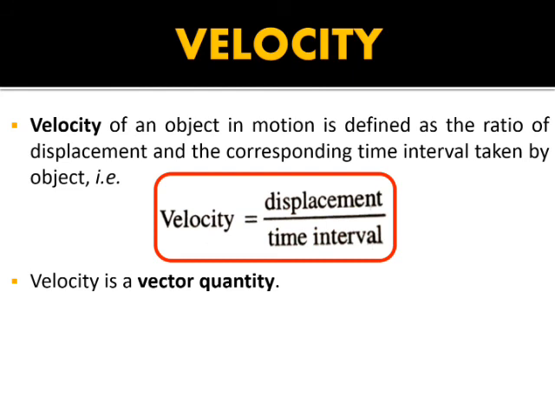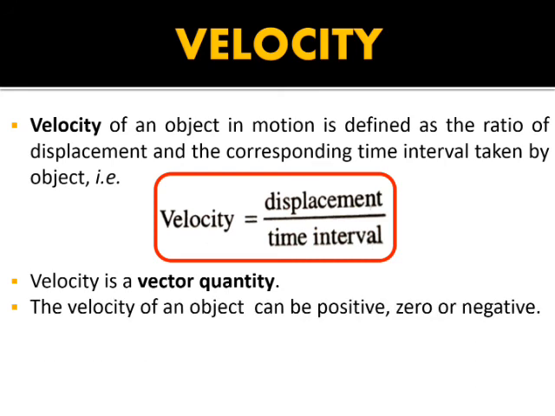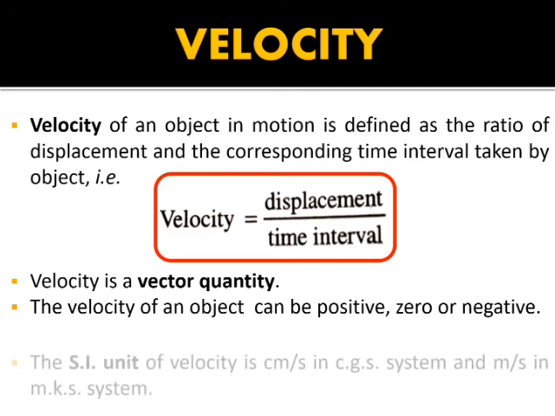Velocity is a vector quantity as it has both the magnitude as well as the direction. The velocity of an object can be positive, 0 or negative according as its displacement is positive, 0 or negative.